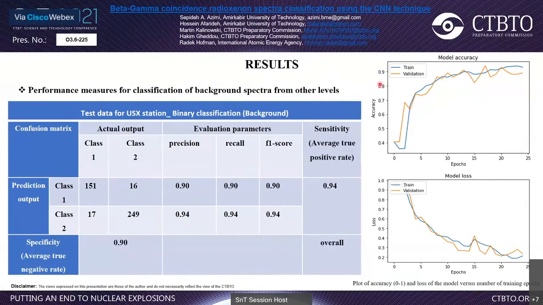Our results demonstrate that convolution neural network model can discriminate background from other levels with accuracy of 92%. Accuracy is a measure for how many correct predictions the model makes for the complete test dataset.